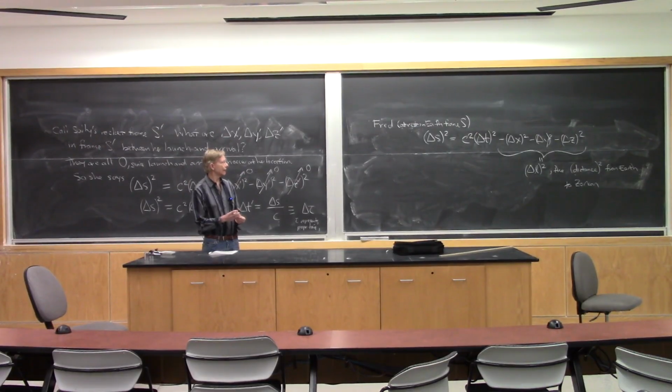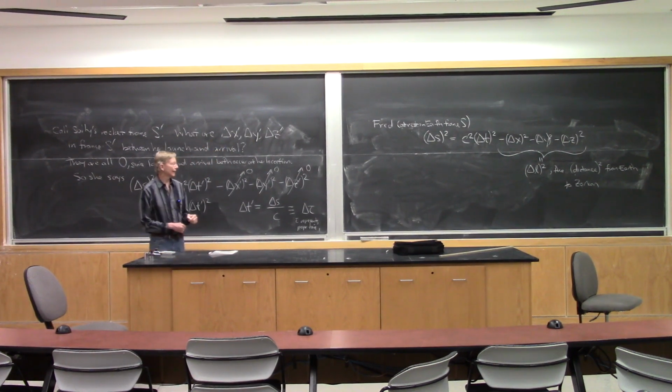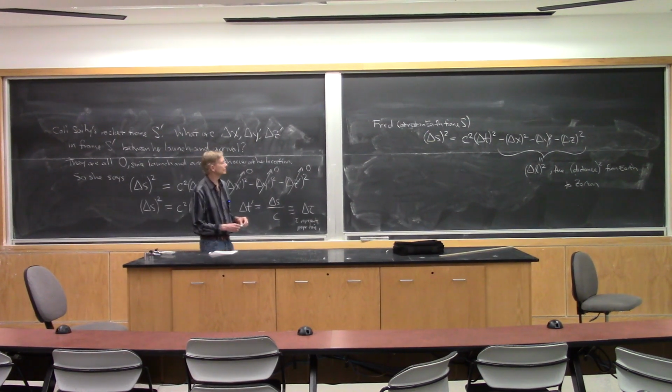So Fred does that calculation, and he gets a certain number. How does that value compare to the number that Sally gets doing the same calculation in her coordinates?